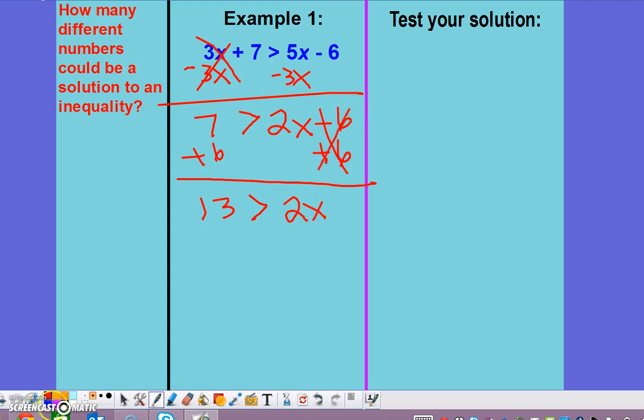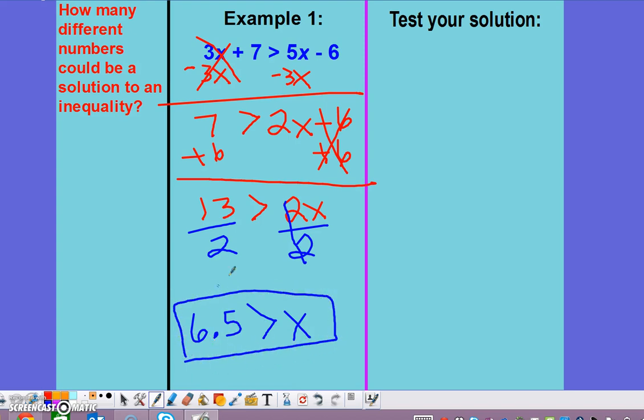I still need to get rid of that coefficient of 2, so I need to divide both sides by 2. 13 divided by 2 will give you 6.5, so we can think of that as 6 5/10 is greater than, my 2's cancel, x. So our solution is 6.5 is greater than x, or x is less than 6.5.